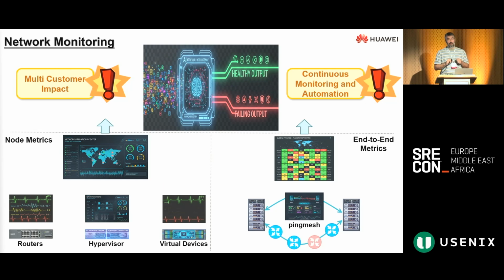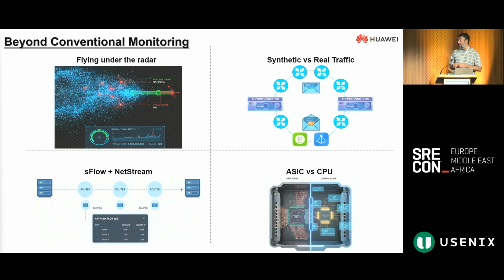So this tooling is very good to find multi-customer impact on the network, and also it's very good to keep it continuously running and monitoring everything. It has some limitations though. One of those limitations is, what if there is a single customer failing with like 10,000 requests?